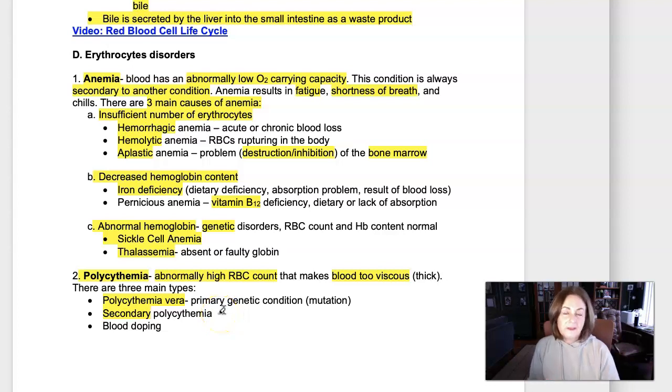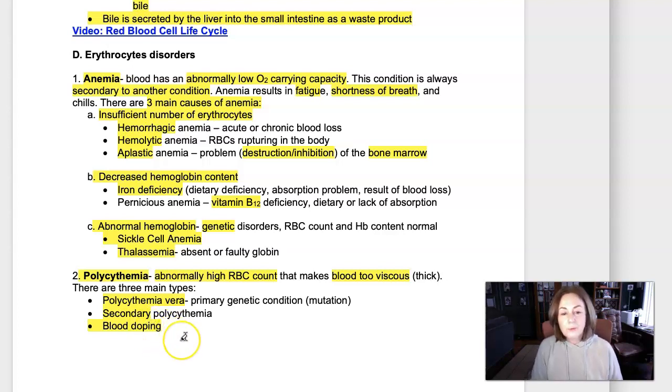Person smokes, their kidney feels the oxygen deprivation, puts out the erythropoietin, and all of a sudden you have too many red blood cells. Blood doping is a form of athletic cheating, I guess you could say, where the person takes red blood cells of their own, like banks them, and then before an event transfuses them back, which makes their blood very thick, but it also increases their oxygen carrying capacity, and because of that it can enhance their performance.